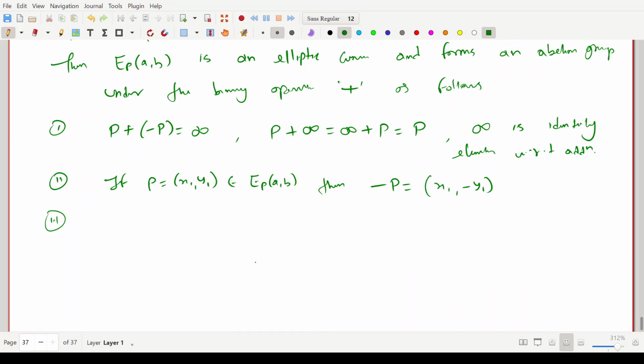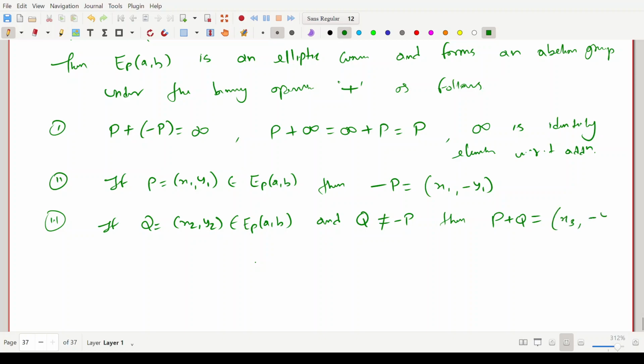Third is, suppose I am having one more point, if Q is say (x2, y2) belongs to E_p(a,b), and say this Q is not the same as minus P, otherwise it will be identity, then P plus Q is defined as (x3, y3).